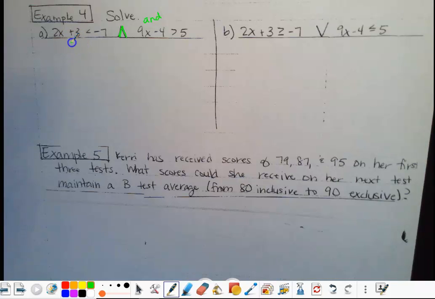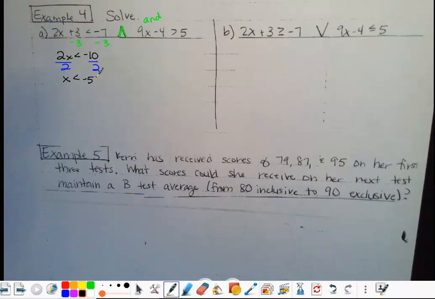So 2x plus 3, we're going to subtract 3, gives me 2x is less than negative 10. Divide by 2, and that's going to give me x is less than negative 5.